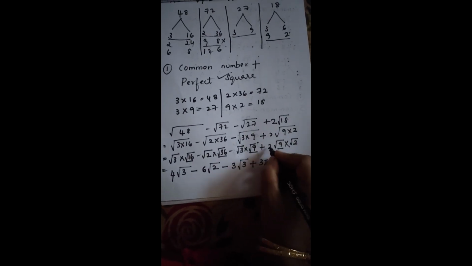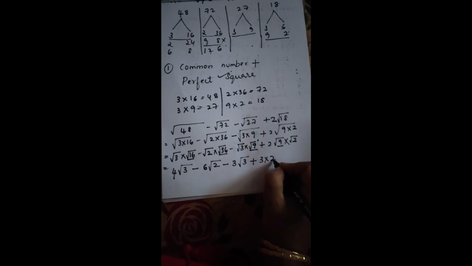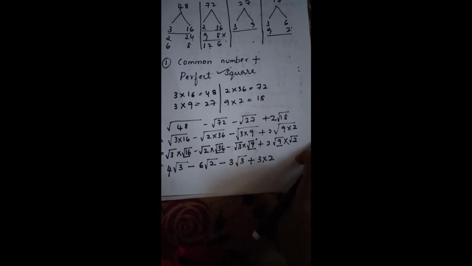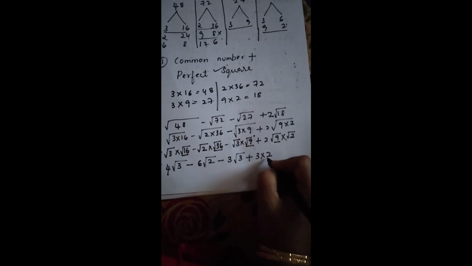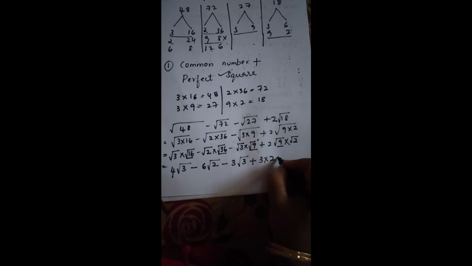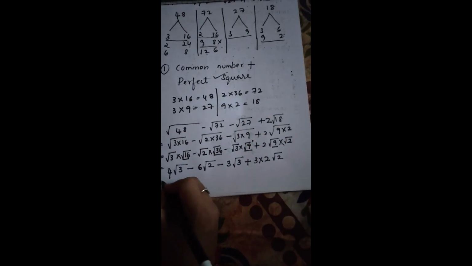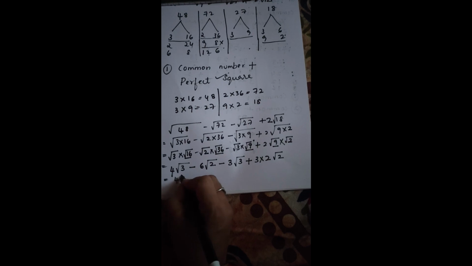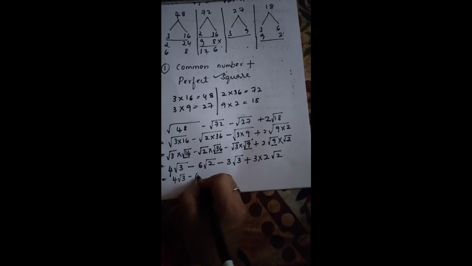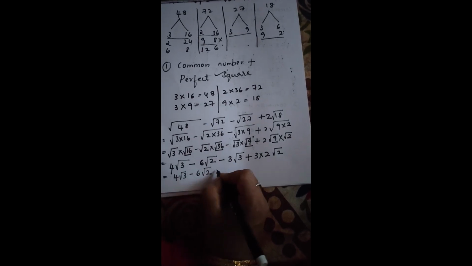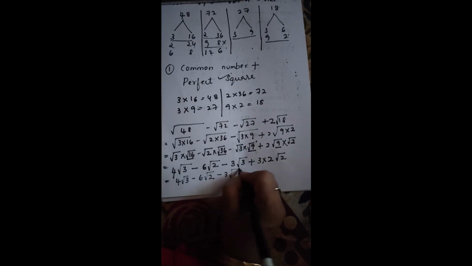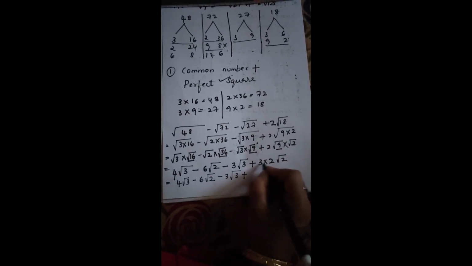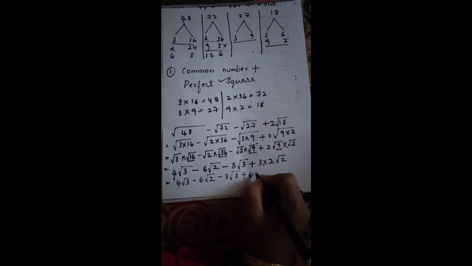You already have 2, so you have to write it along with 2. You should not leave this 2. Then root 2. So 4 root 3 minus 6 root 2 minus 3 root 3 plus 3 into 2, 6 root 2.